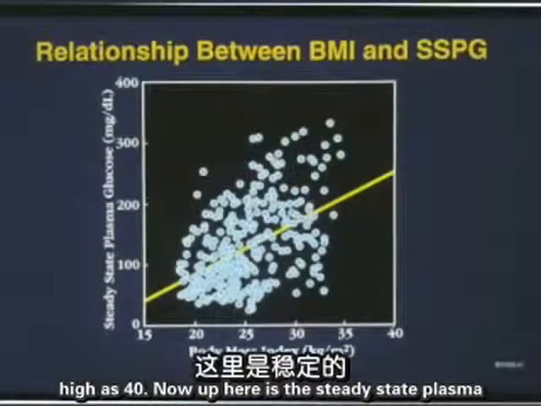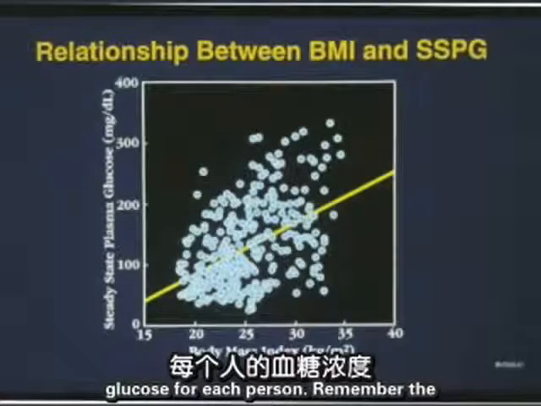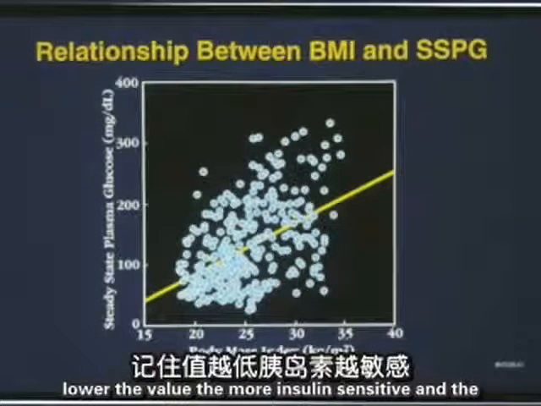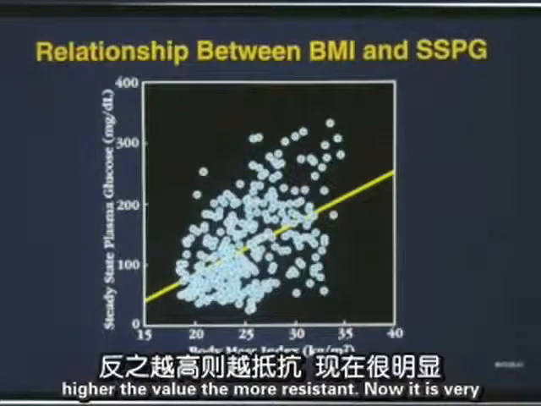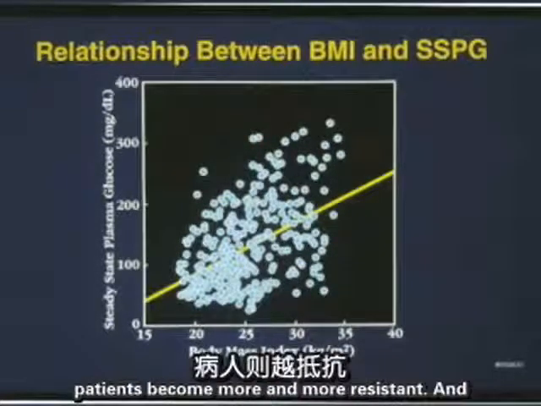Now, up here is the steady-state plasma glucose for each person. Remember, the lower the value, the more insulin sensitive, and the higher the value, the more resistant. It's very obvious that by and large, as the BMI increases, the patients become more and more insulin resistant.